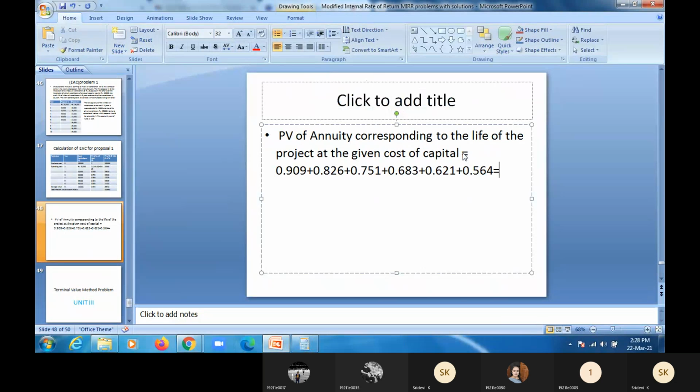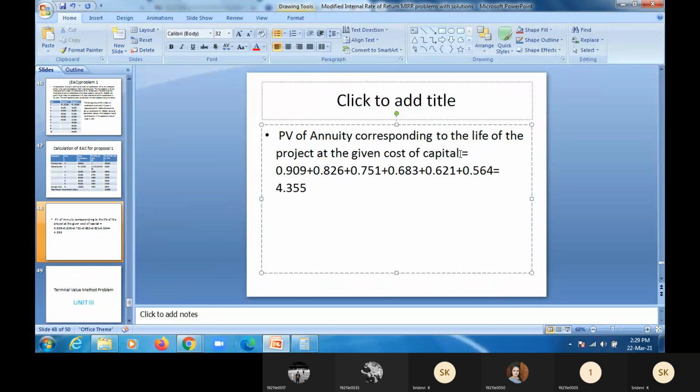That will give you 4.355. You will get this value, which is called the present value of annuity corresponding to the life of the project at the given cost of capital.